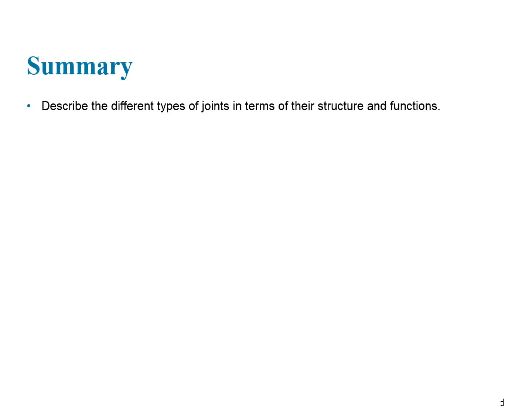All right, so in this video, I described the different types of joints in terms of their structure and function. Remember, structurally, you had the fibrous joints, the cartilaginous joints, and do you remember what the third one was? The synovial joints. We also described joints in terms of their functions. So we talked about the synarthroses, the amphiarthroses, and the diarthroses.